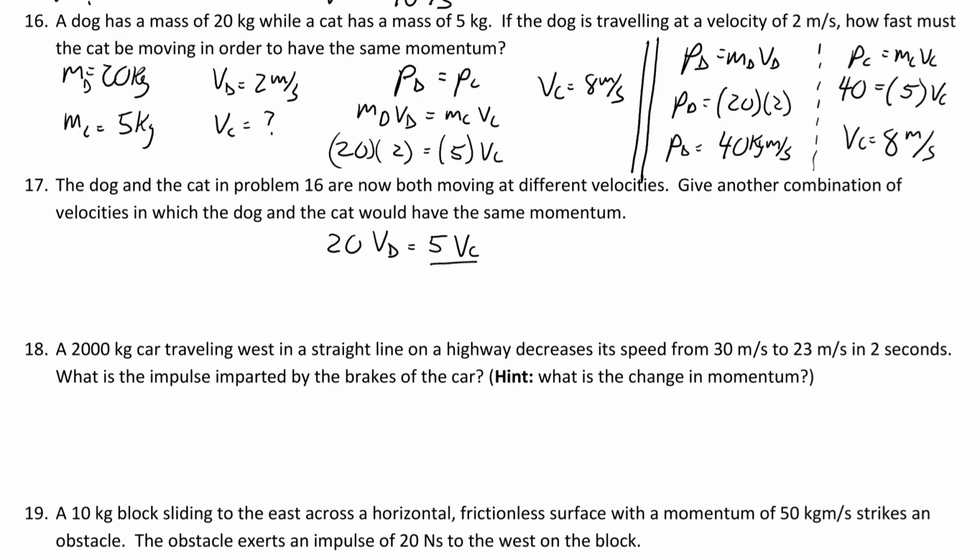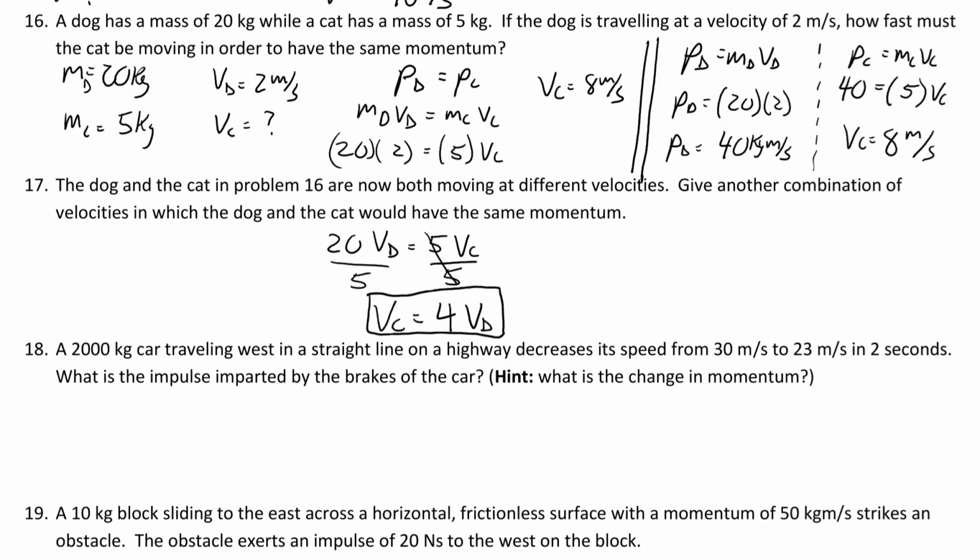What you could do is divide by 5 on both sides. And what you get is the velocity of the cat is equal to 20 divided by 5, 4 times as much as the velocity of the dog. So that's what the relationship is between the cat and the dog.